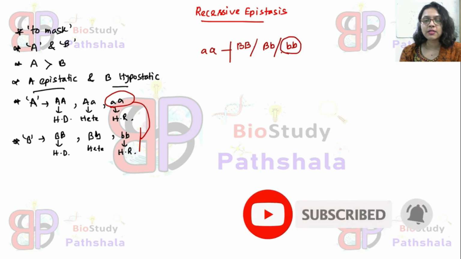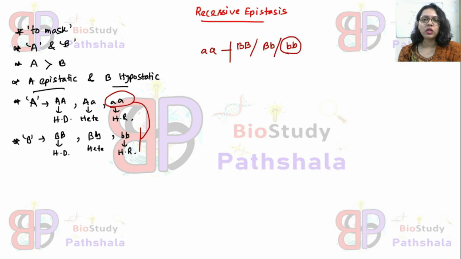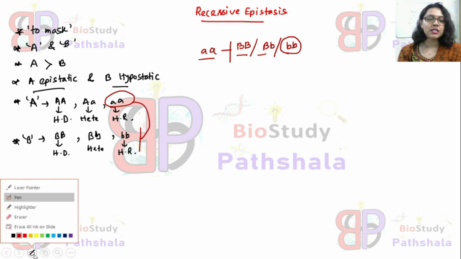Although the homozygous recessive form of B gene cannot show its expression anyway, because we all know that the homozygous recessive form of any gene cannot produce any functional protein, so it remains as no result. So the small a, that is the recessive homozygous condition of A gene, will suppress the effect of the homozygous dominant condition of B gene and the heterozygous condition of B gene. So this is the actual meaning of recessive epistasis.